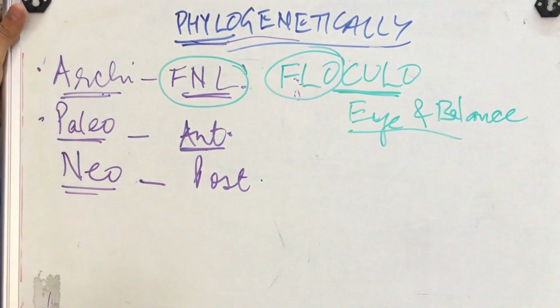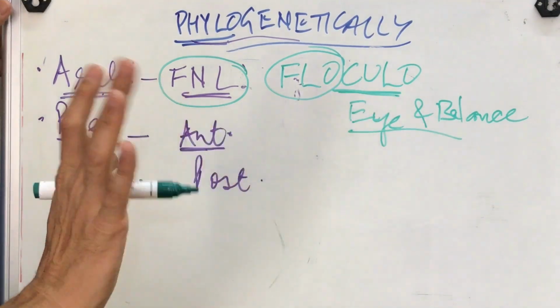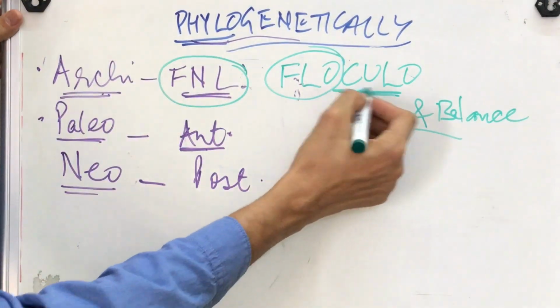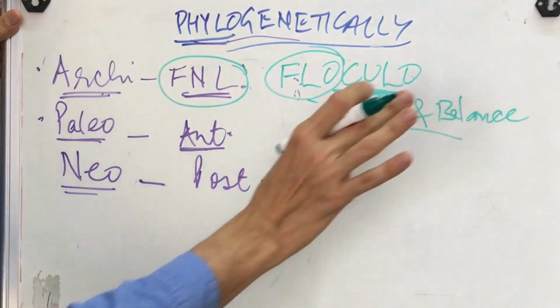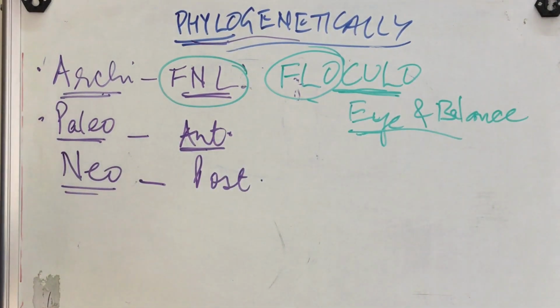So the function of the flocculonodular lobe is eye movement and balance. It's not the derivation of the name, but it makes you understand and memorize easily.